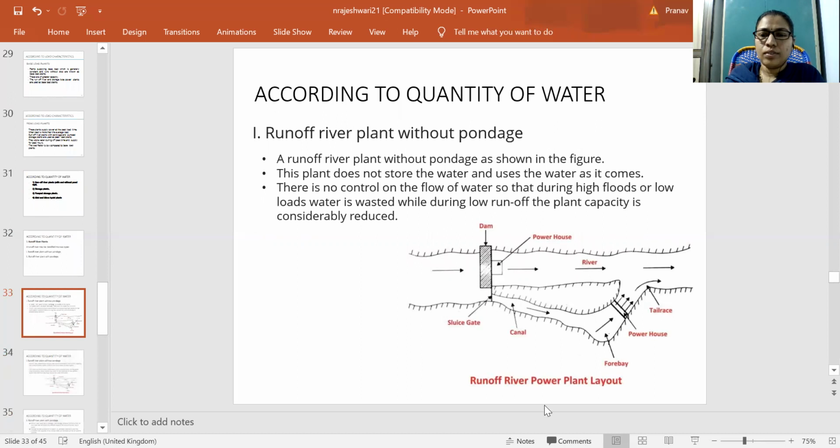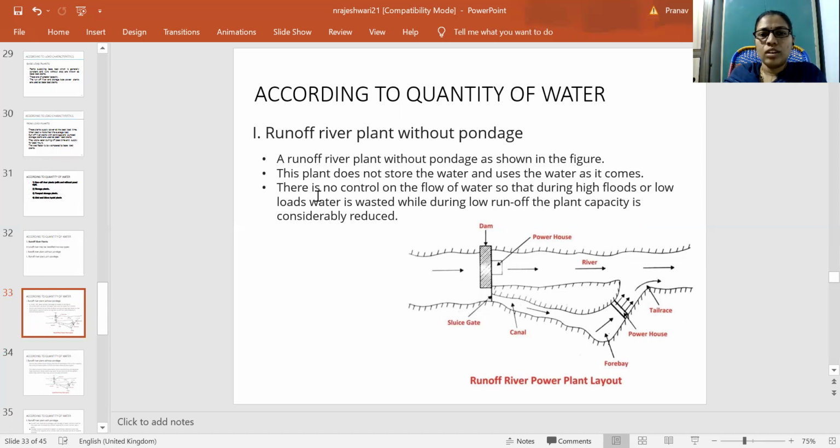So this is the run-off river plant layout. The run-off river plant without pondage is shown in this figure. This plant does not store water and uses the water as it comes. Only when the water comes will it be used, because we run this power plant without pondage or storage.